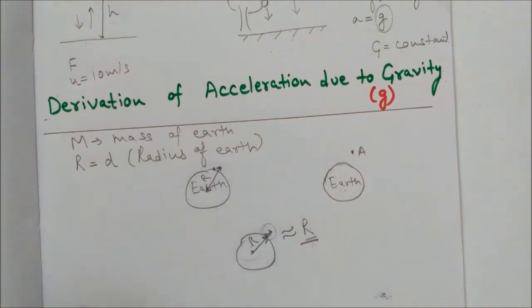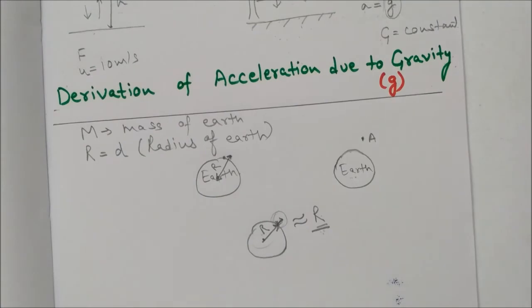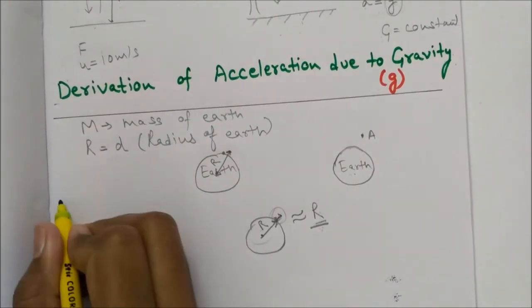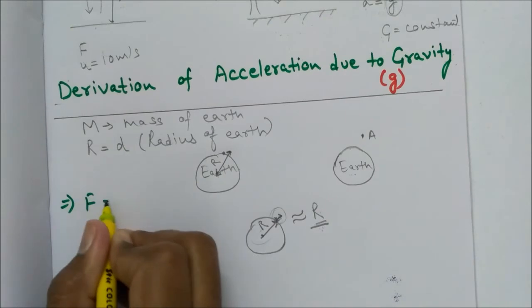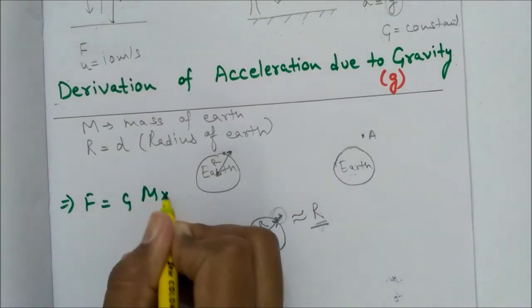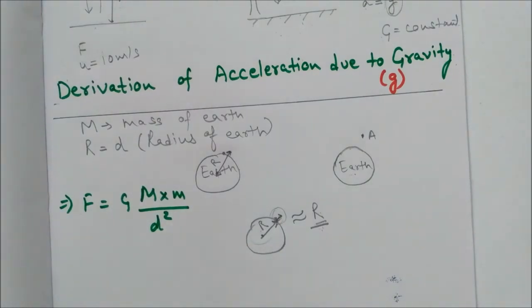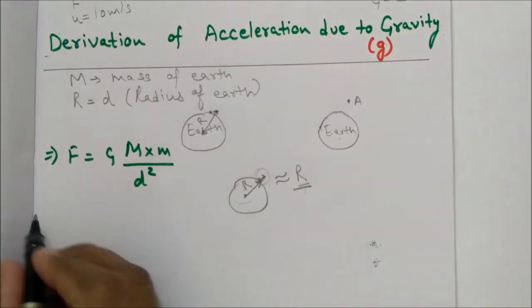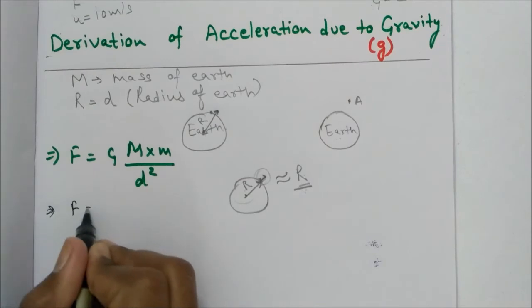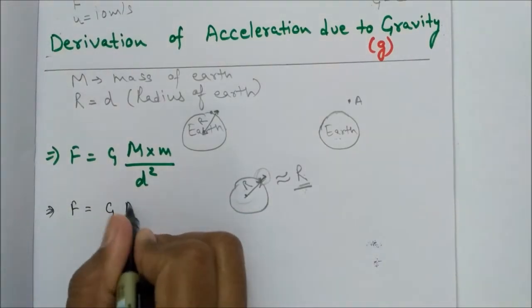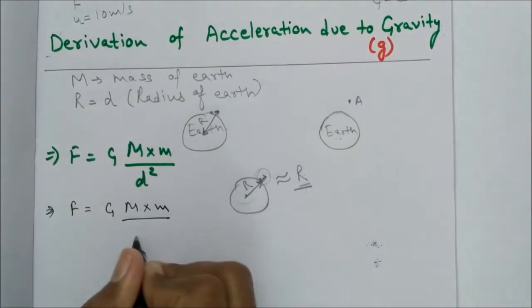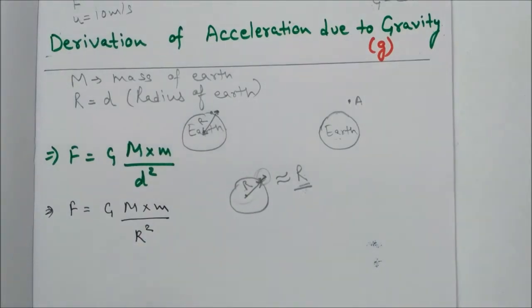Now, what about the gravitational force of attraction formula? We know that F is G m into m upon d square, isn't it? Now it can be reduced into F is equal to G m into m upon r square. Why?